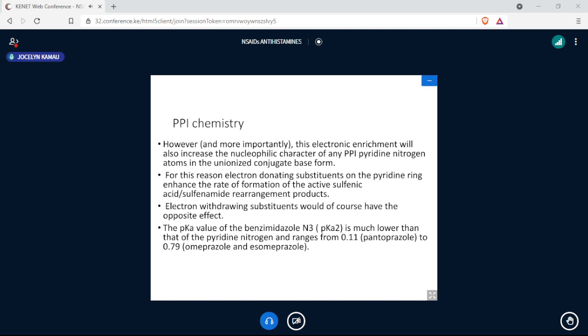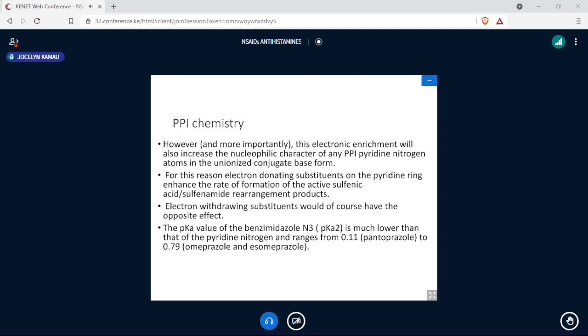So please understand those two different effects of the groups that we are looking at. We are looking at the substitution on the benzimidazole ring, and we are saying that substitution will have an influence on the pKa of the benzimidazole nitrogen.